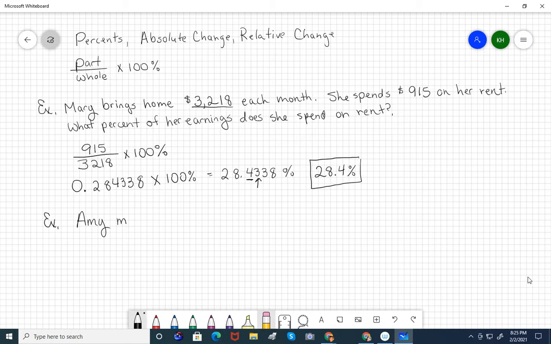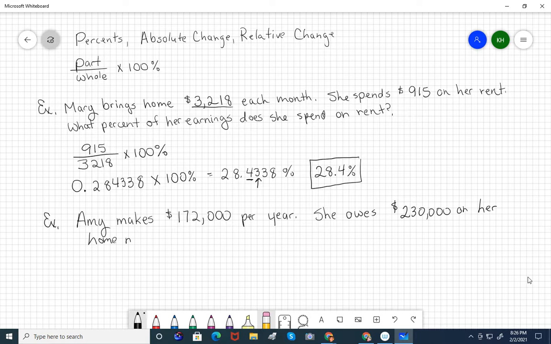Amy makes $172,000 per year. She owes $230,000 on her mortgage, on her home mortgage.